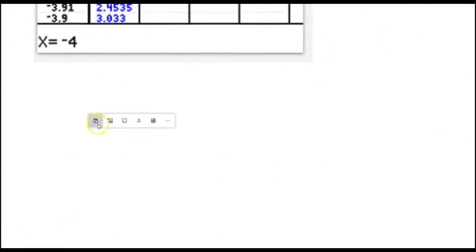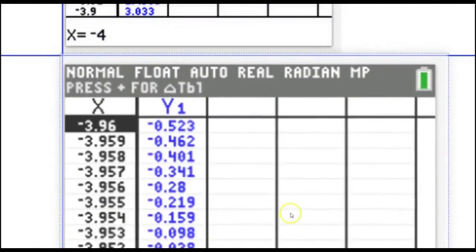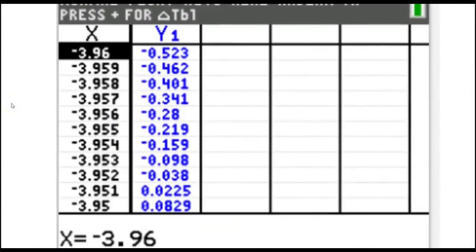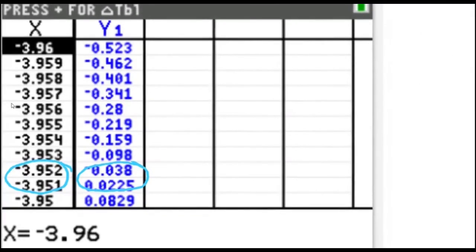Okay, so now we can see that we have a change in signs occurring right here with these x values. And so now we're going to know what to round to.